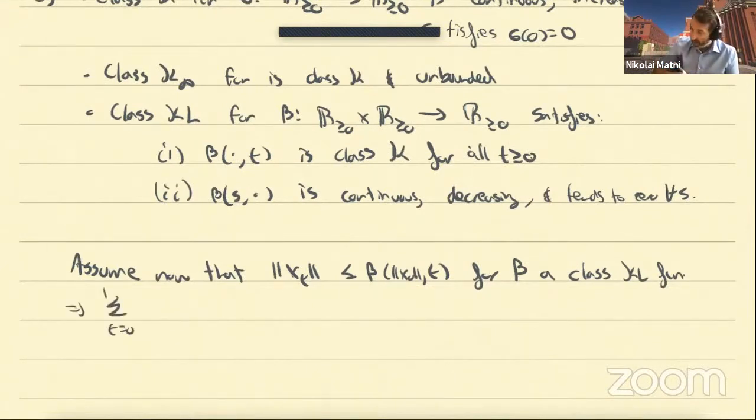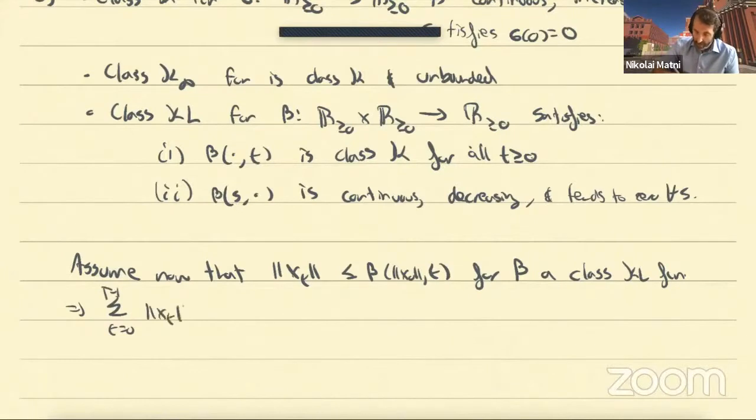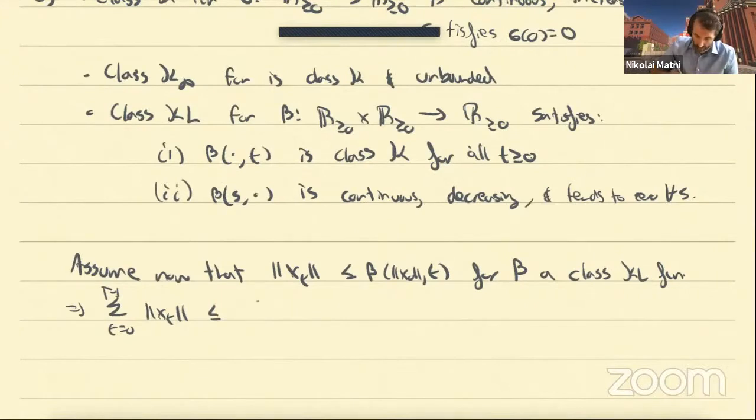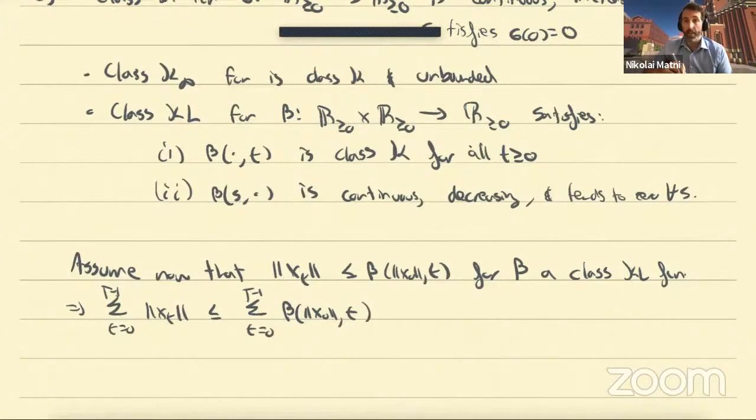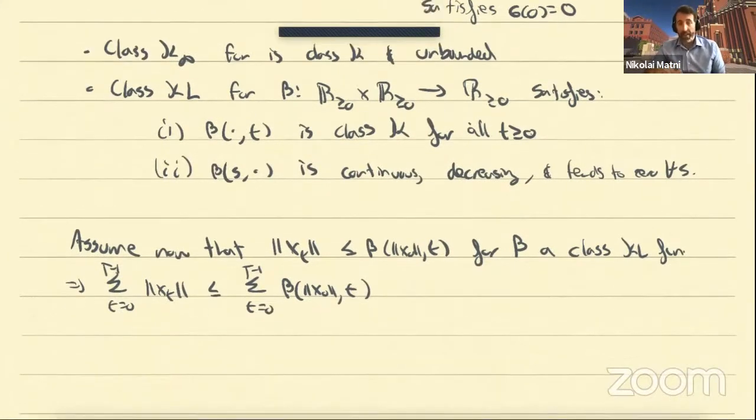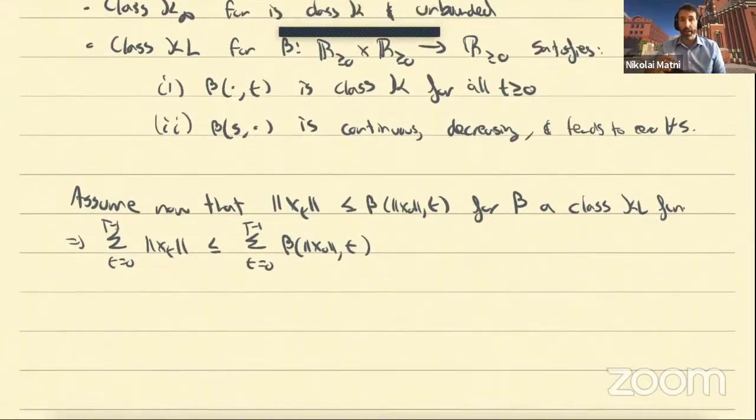So what we end up with then is looking at the bound on our trajectory. This becomes less than or equal to the sum over t equals 0 to t minus 1 of these different class KL functions. Okay, so this is fairly generic. Let's actually fix a structure for the beta, a family of functions, and look at how the corresponding decay rate, the rate at which it converges to 0, translates into dependence on the horizon of the function t.